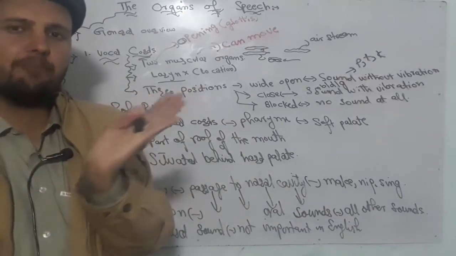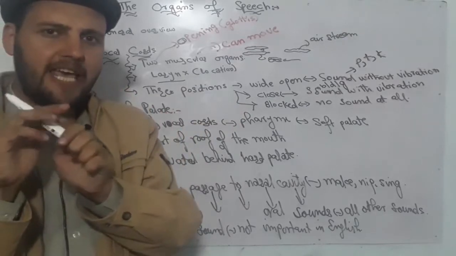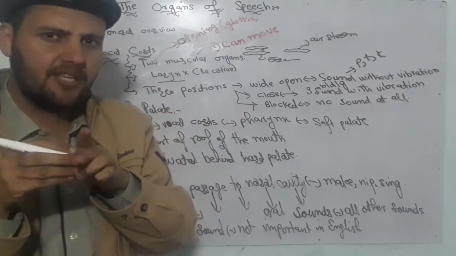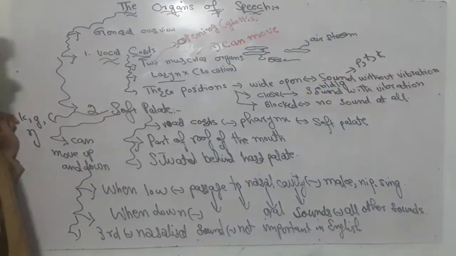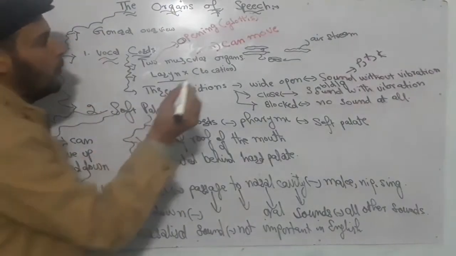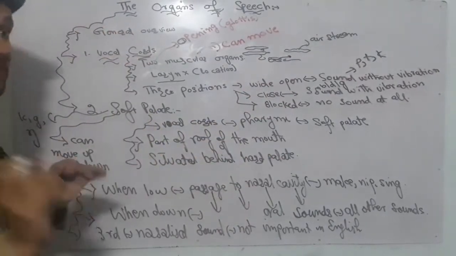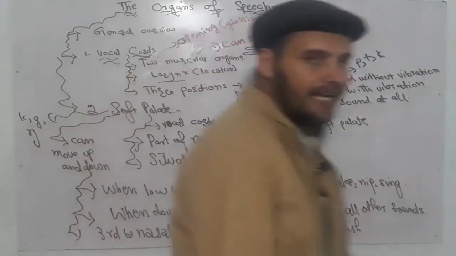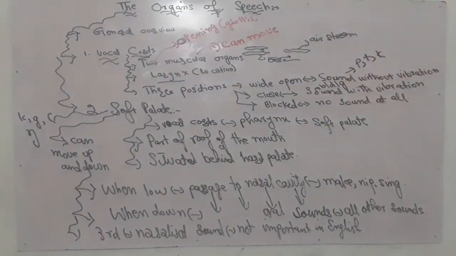The vocal cords come close to each other, completely block the airstream, and the sound is not produced. English phonetics and phonology has nothing to do with this position because the sound can't be produced. The way is completely blocked. The story is finished in this position.